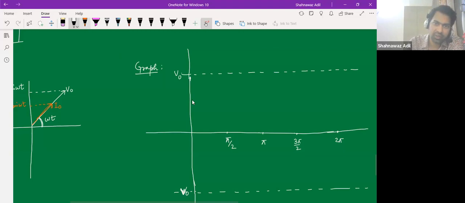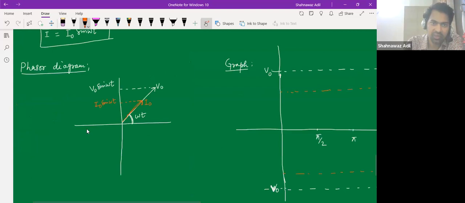Yes, sir. And for the current, what is the maximum value? From this function, what is the peak current?